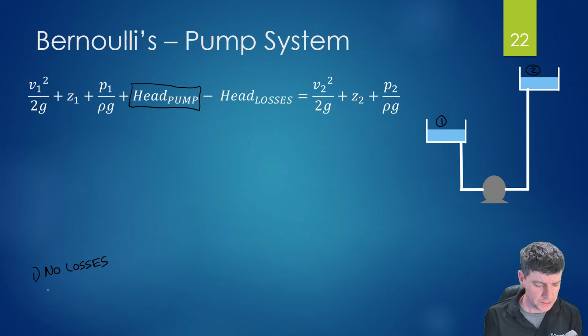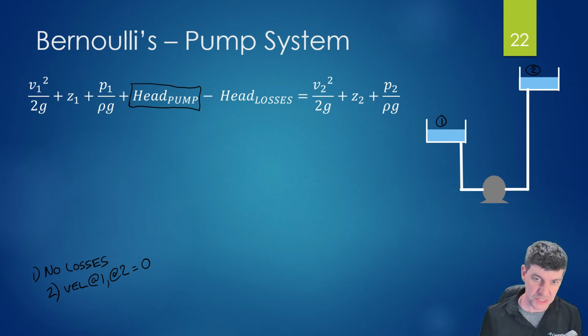Okay. Assumption number 2, I'm going to assume that the velocity at the top of the tanks, so at 1 and at 2, both of those velocities are going to be slow. We're going to assume they're 0.